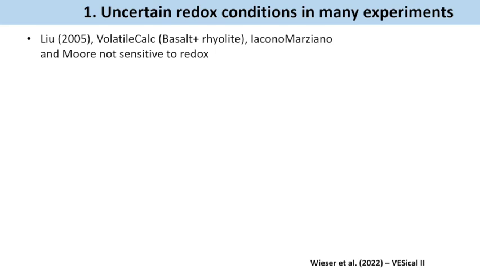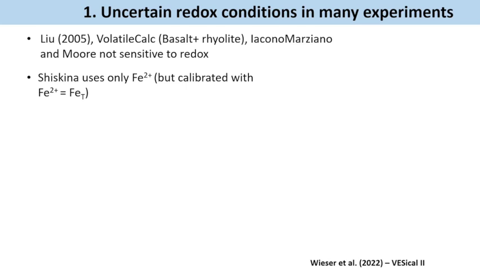Lu for rhyolites doesn't have a melt composition term, so it doesn't matter. VolatileCalc for basalt and rhyolite either uses silica or doesn't have a melt composition term, so that also doesn't matter. Iacono-Marziano and Moore specifically use iron total to get around these problems, so those models have no sensitivity to redox. The Shishkina model does have a term for the Fe2+ in the melt, but interestingly, they actually calibrate the model with Fe total.